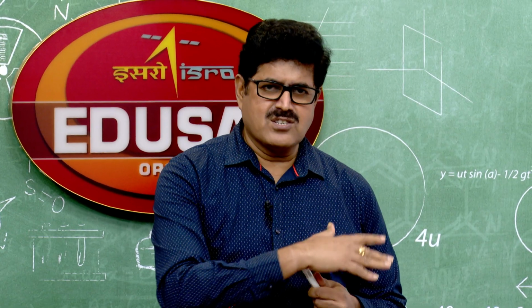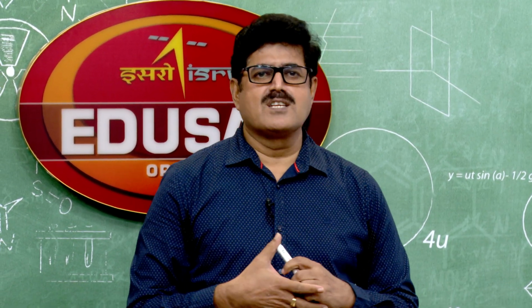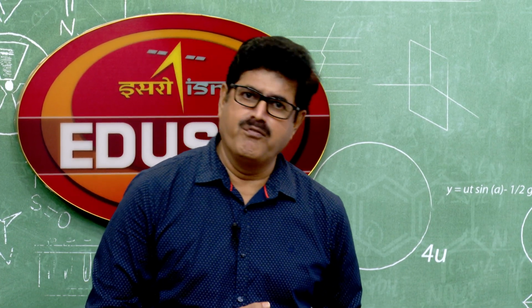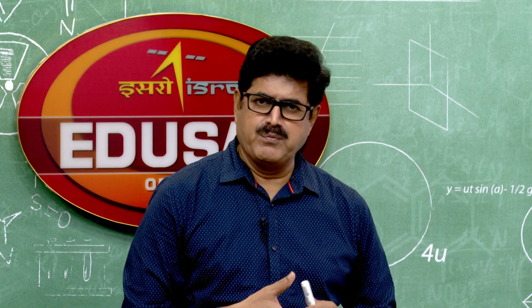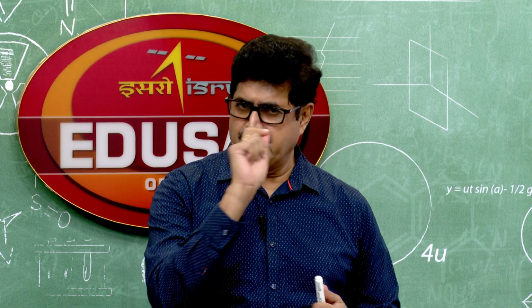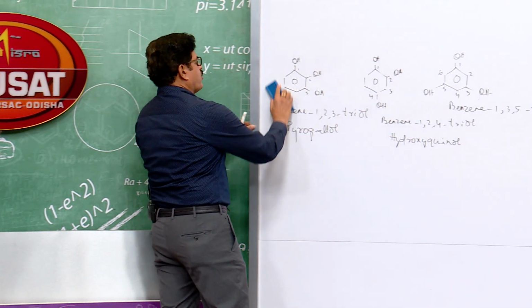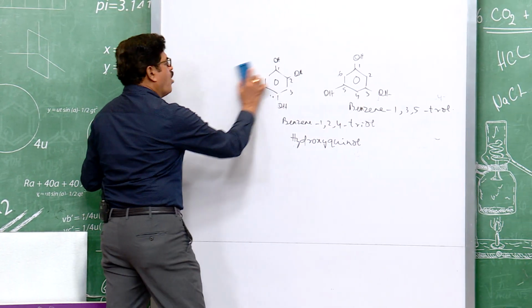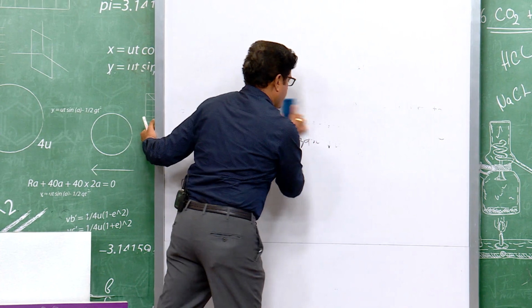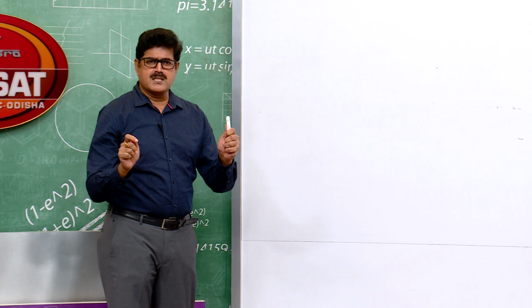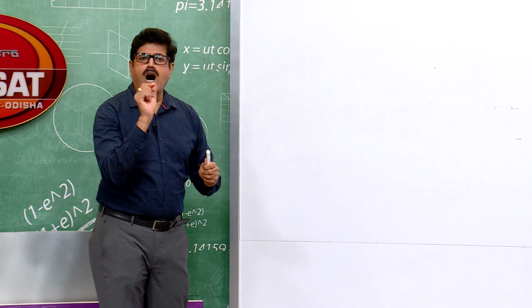The next part is methods of preparation of phenol, very important from the point of view of CBSE 2021. The first method of preparation which we are going to discuss is the Dow process.